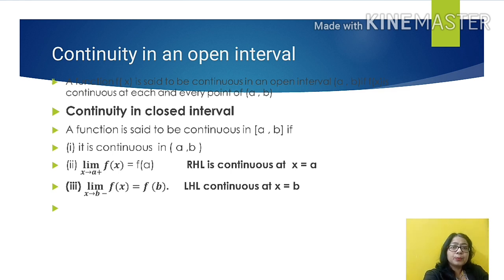The function should be continuous in the open interval (a, b). Then the right hand limit at x equals a and the left hand limit at x equals b should exist and be equal to the functional values at those points.